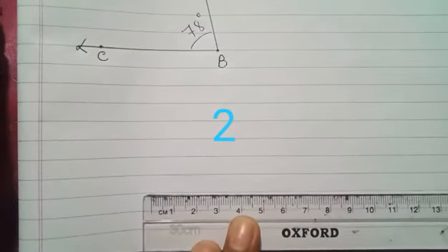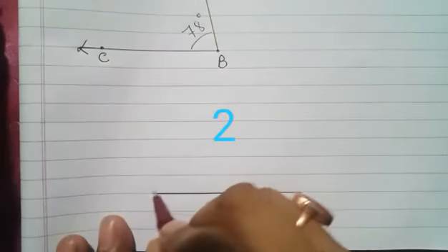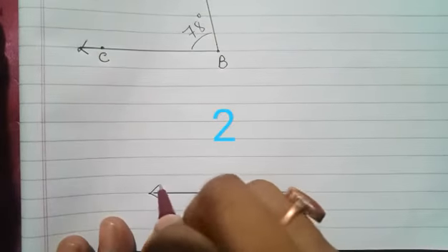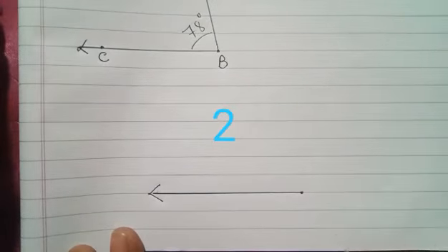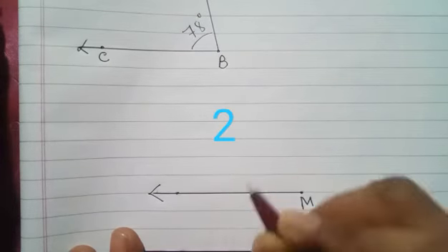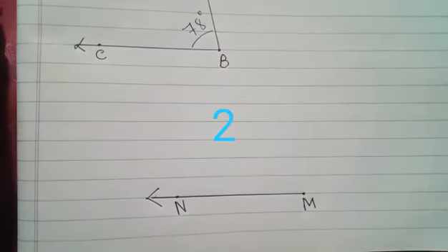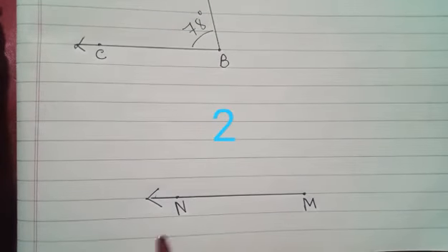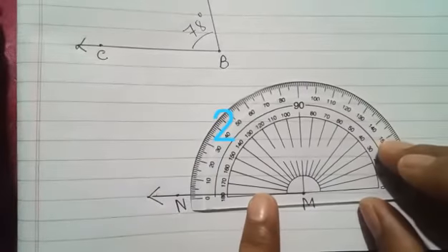Suppose this is the base. Let the arrow of the base be towards left hand side direction, and let us name the base of the angle 110 degree as MN.